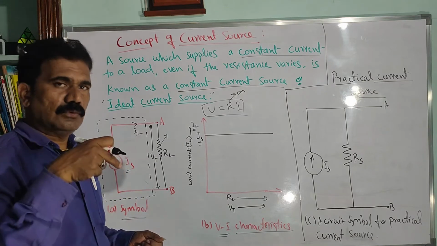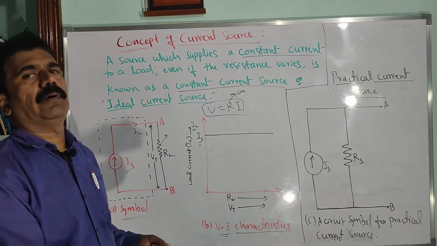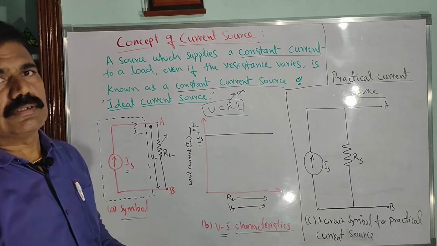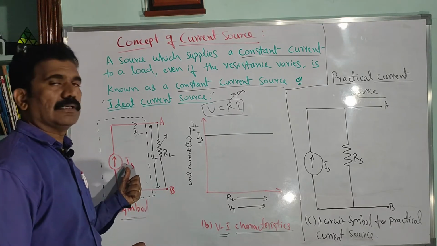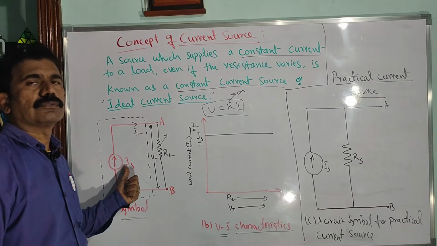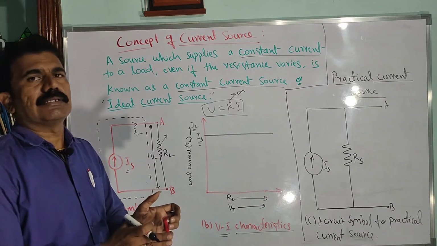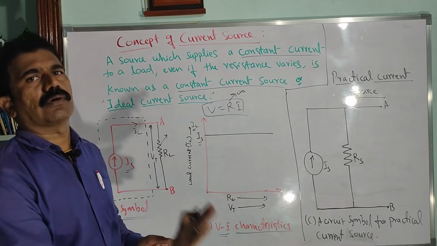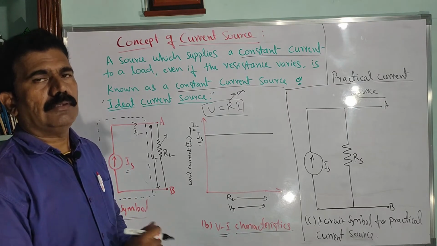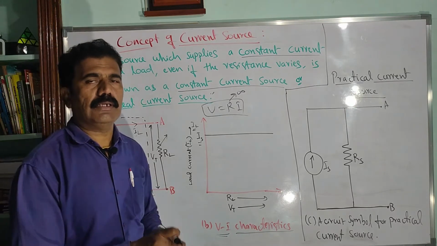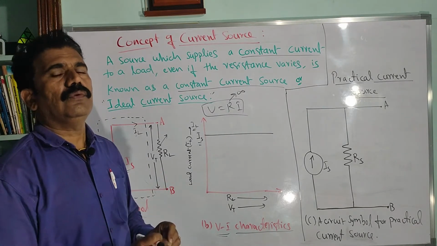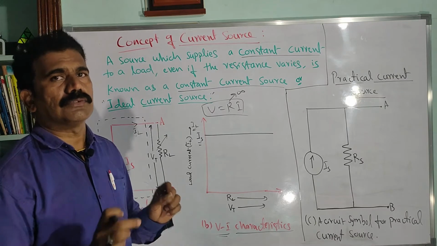Then you have to understand that there must be a resistor inside the given source. There must be some resistance, and that resistance acts as a path for the flow of current. By assuming such a path internally inside the source, we can have the practical current source.